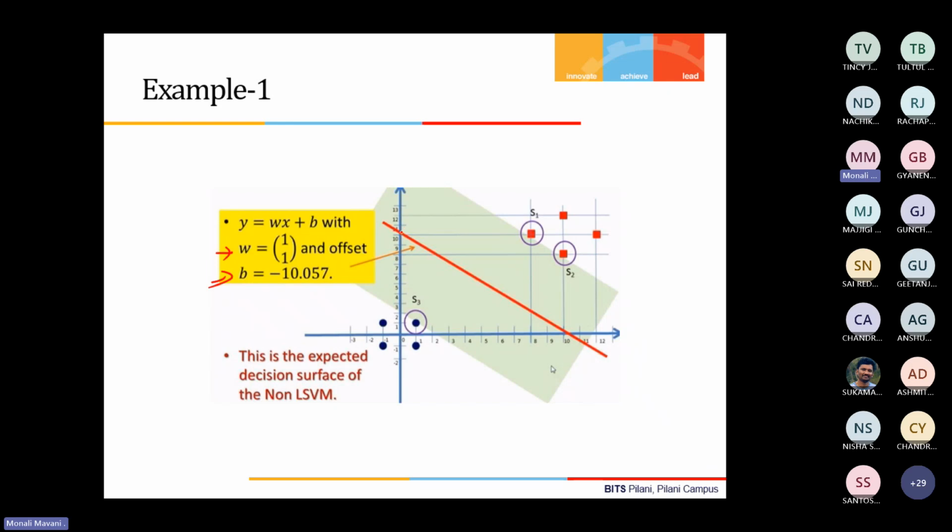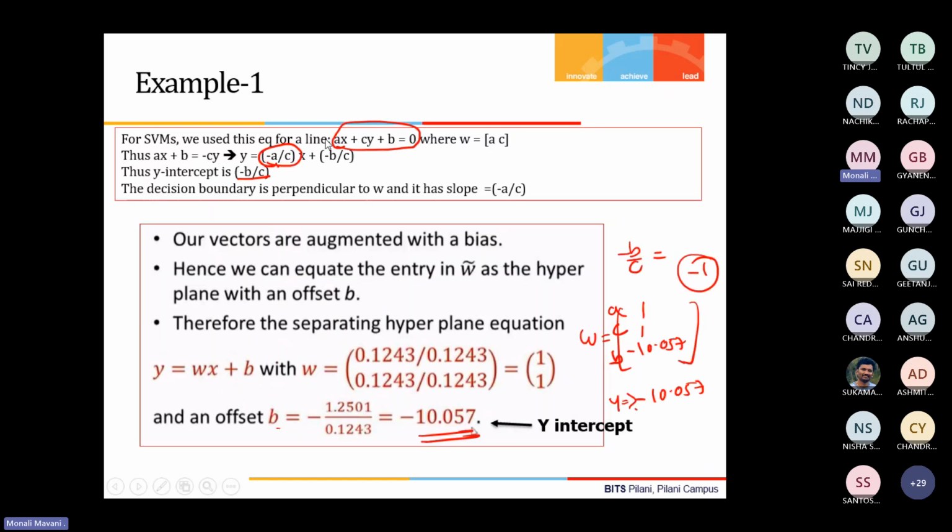If you look at over here, this is slightly about 10 on a scale. This is the y-intercept, which I just calculated in the previous slide. Y-intercept is nothing but minus B by C. This is exactly the same as what we have done in the previous linear SVM class. Minus B by C: minus 10.057 upon C, which is 1.